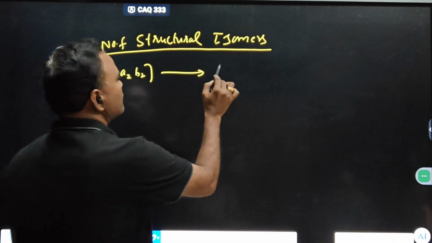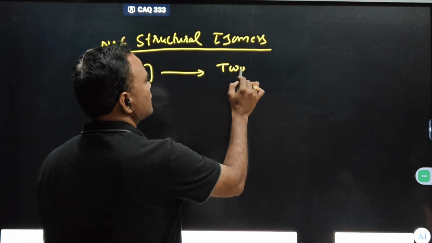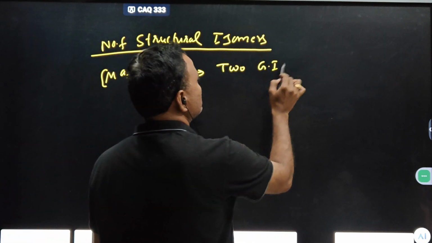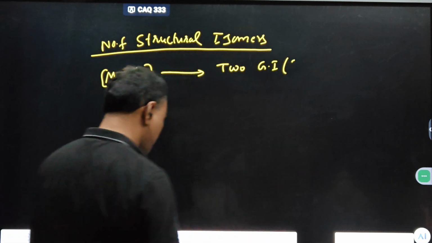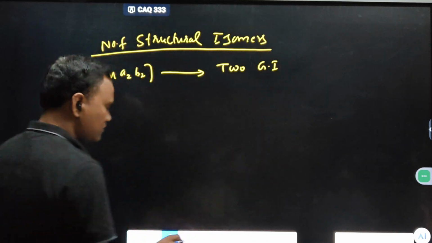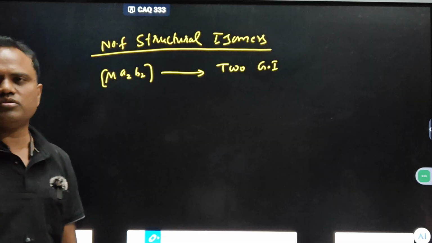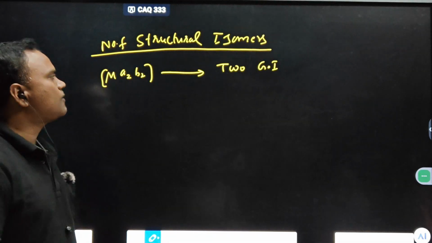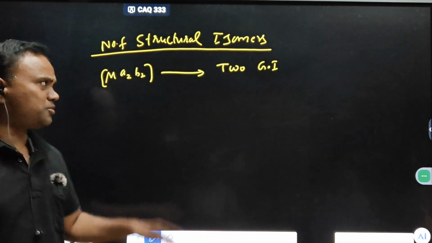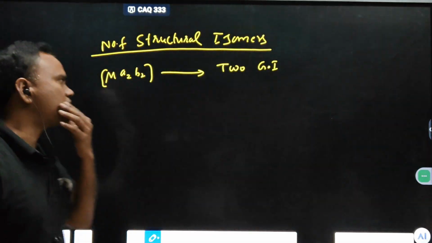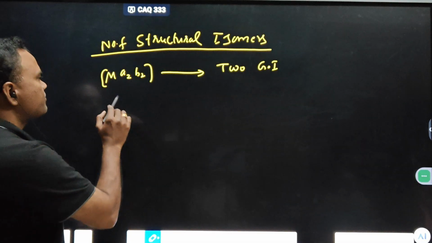Ma2B2 type: two geometrical isomers, 2GI. GI is nothing but it is not structural, sorry, two geometrical. I should not call it structural because it goes to the stereoisomer category. Two geometrical isomers are possible. What are the two? One is cis and one is trans. Ma2B2 category.